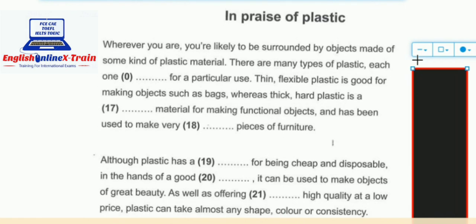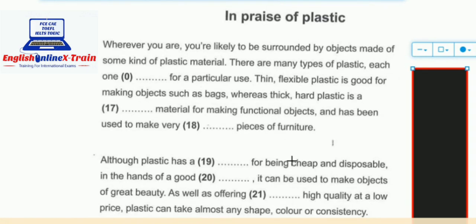It says, wherever you are, you're likely to be surrounded by objects made of some kind of plastic material. There are many types of plastic, each one for a particular use. Thin, flexible plastic is good for making objects such as bags, whereas thick, hard plastic is a material for making functional objects and has been used to make very pieces of furniture.